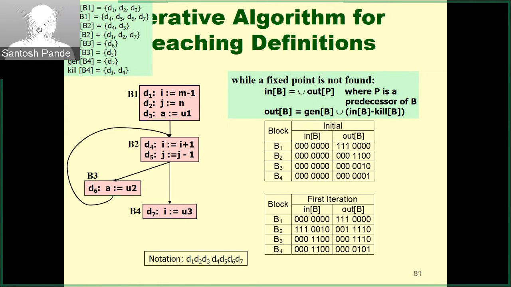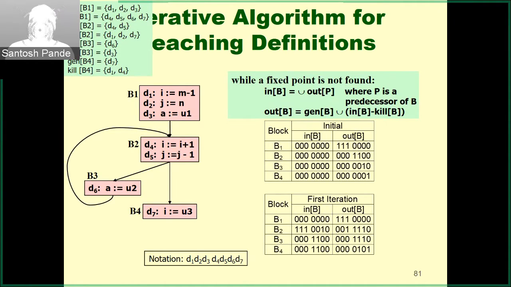We didn't find it to be reaching because there was no control path along which it could have gone. We ignored that control path, and because of that, the set of definitions found by the analysis is not really a superset of the actuality, and because of this reason, the program semantics will change.